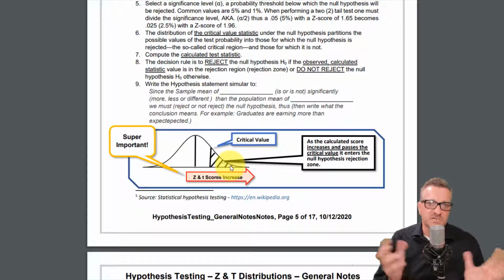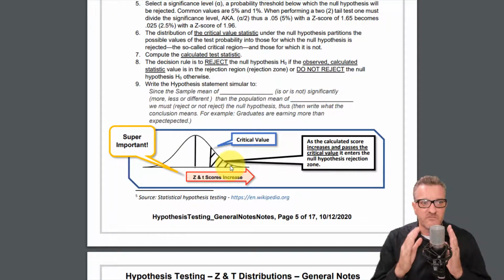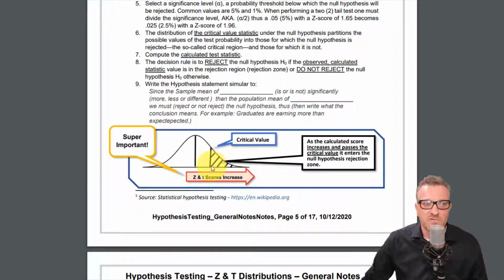I call it the rejection zone typically. And what that means is we do the calculation, and our calculated figure ends up being in the rejection zone. If it's in the rejection zone, what do we do? We reject. That's the way that we remember it. And we shade this just so that we know where the rejection zone is.